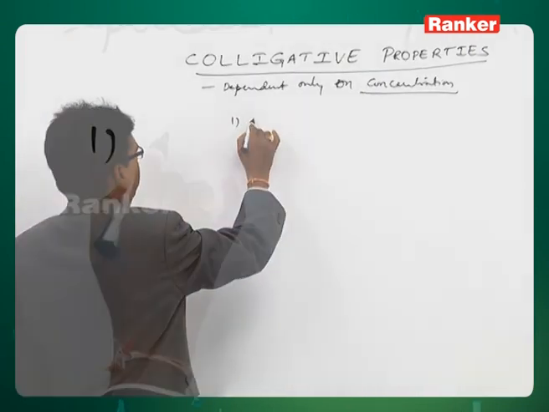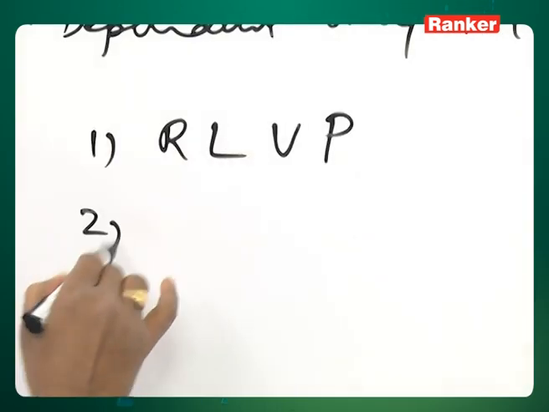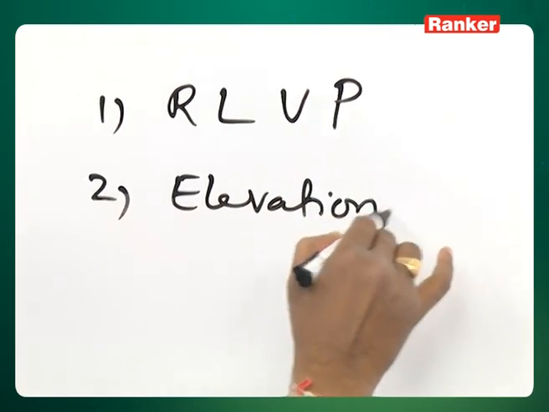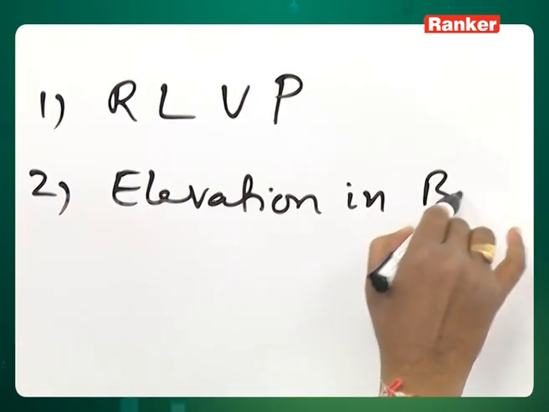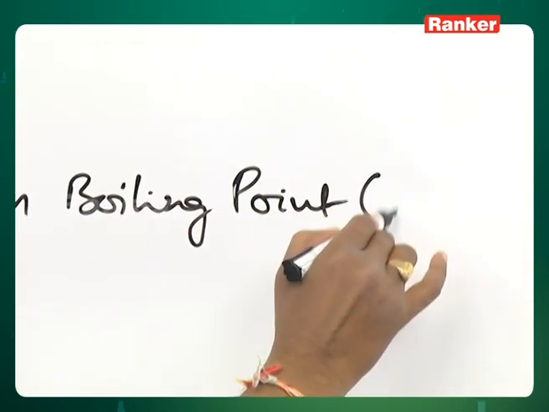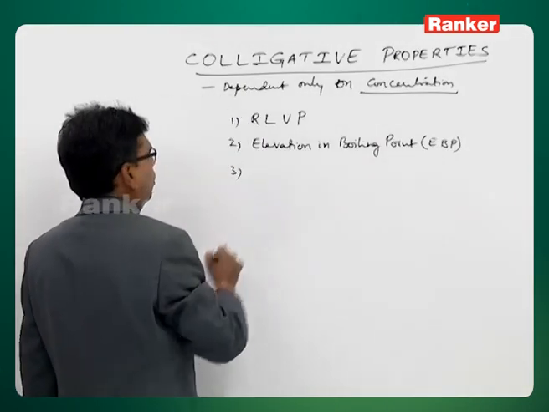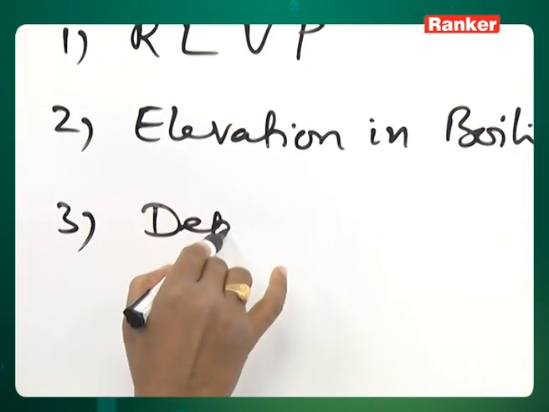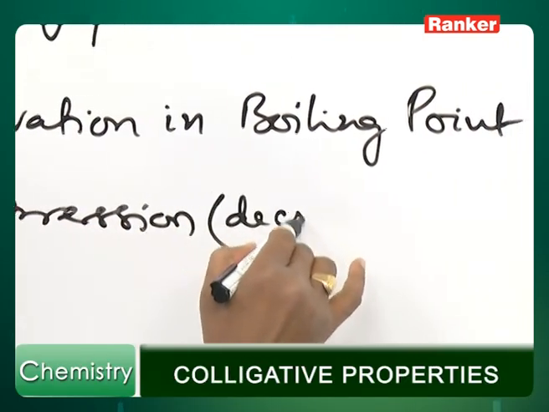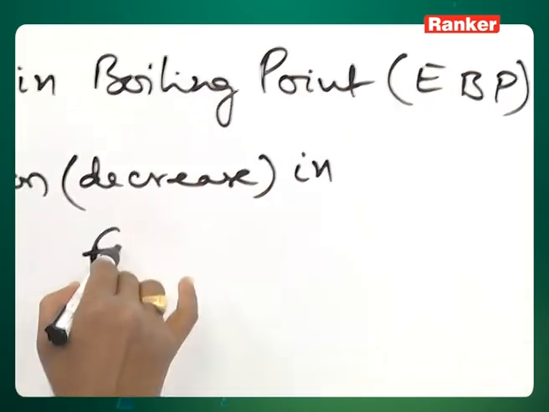What are they? One is relative lowering of vapor pressure. Second is elevation in boiling point, EBP. Third is depression or decrease in freezing point.